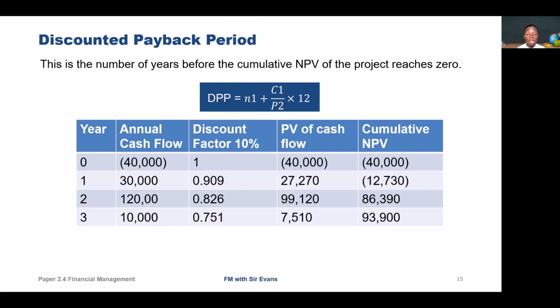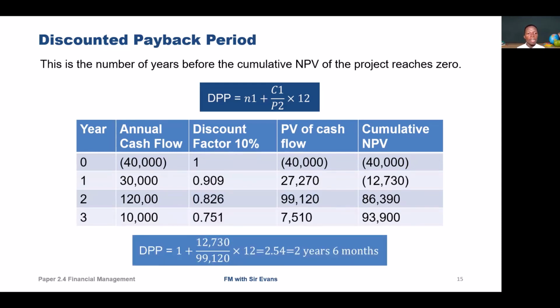So the discounted payback period is looking at that exact period where our cumulative NPV becomes 0. We will apply the DPP formula, and N1, which I said is the last year of the negative cumulative, is going to be year 1. So the last year of the cumulative being negative is year 1. Then our C1, which is the last negative cumulative, is 12,730.